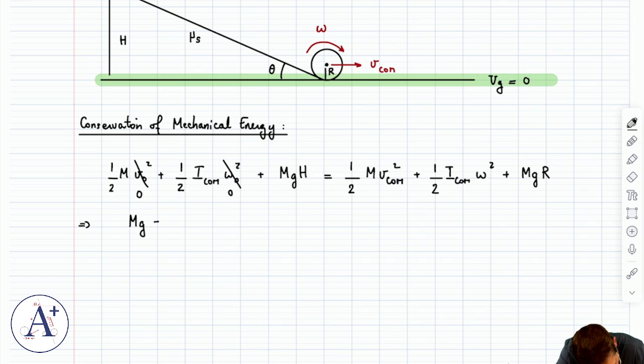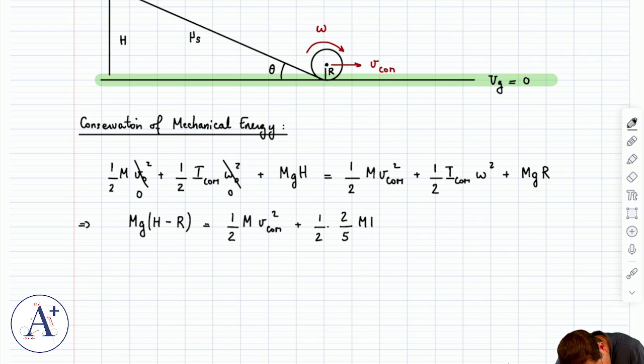I'm going to get mg(h minus r), if I subtract mgr on both sides, is 1/2 m v center of mass squared plus 1/2 I center of mass, which is given. It's 2/5 m r squared, omega squared. I want to find v center of mass. The problem is I have one equation and two unknowns because I don't know v center of mass and I don't know omega.